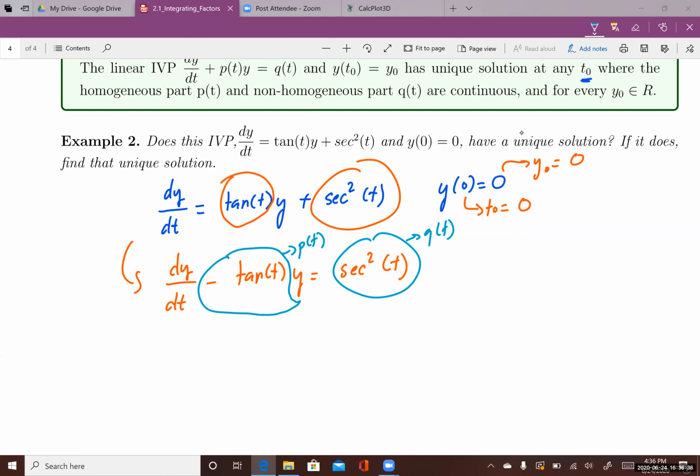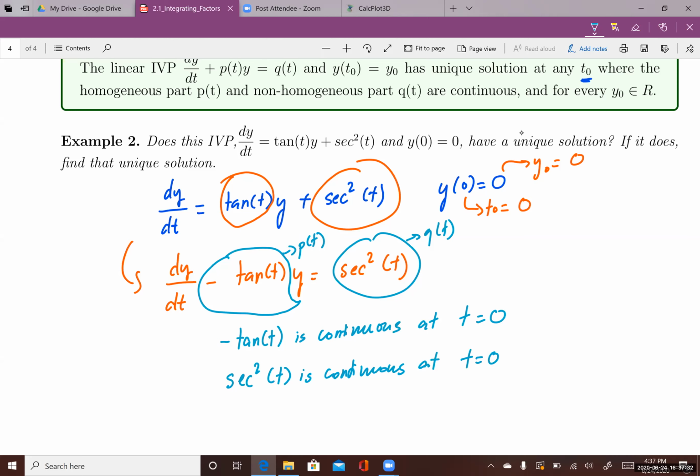Also, the secant squared of t, right? So P of t, negative tangent of t, is continuous at t equals 0, because t0 equals 0. Also, the function secant squared of t is continuous at t equals 0.